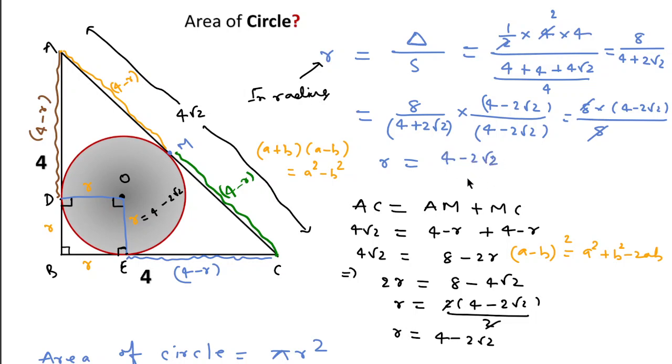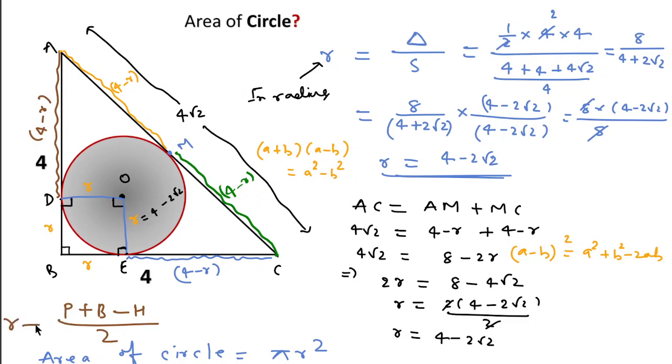So in this way we can find the inradius of any triangle. Sorry, circle. Okay, but this is an isosceles right angle triangle. So for this the inradius also has one formula, that is perpendicular plus base minus h, that is hypotenuse, by 2.